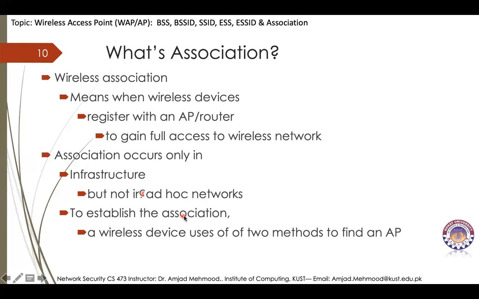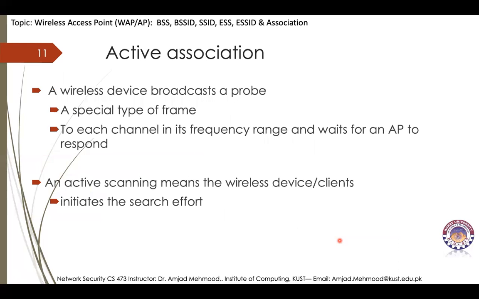To establish the association, a wireless device uses two methods to find access points. So there are two methods used for association to get connected with the network and get access to it.